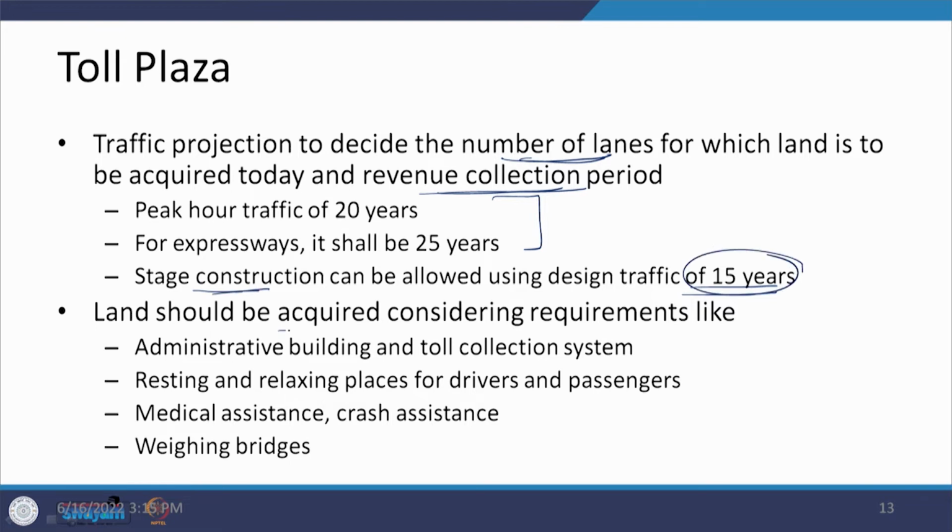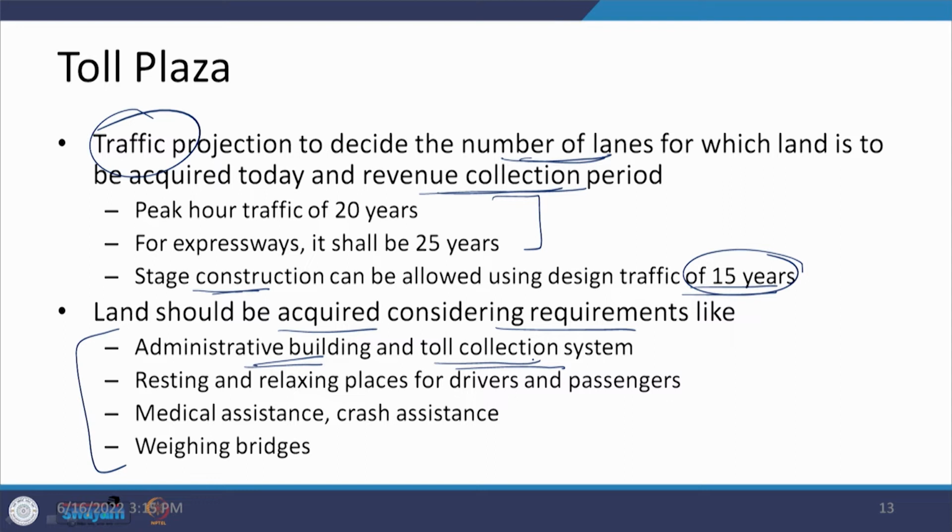Now, when this land is being acquired, it is not only for the traffic, that means we are going to provide the lanes through which the traffic is going to move. We also require other associated features, in terms of the administrative building and the toll collection system.